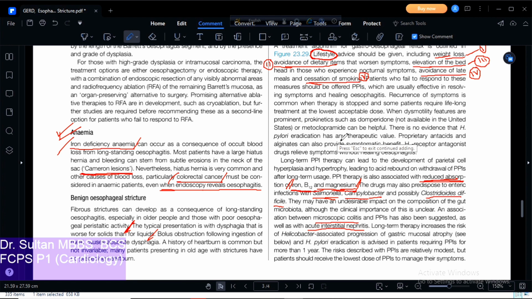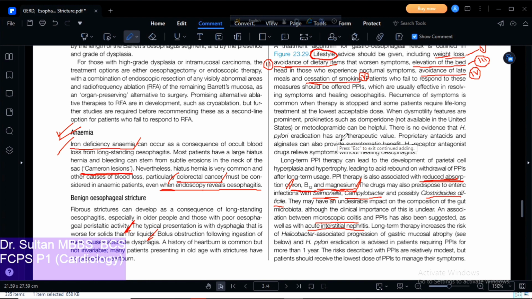It can also predispose to infections like salmonella, campylobacter, and Clostridioides difficile infection. These infections are associated with PPI, or proton pump inhibitor therapy. It can also cause microscopic colitis as well as acute interstitial nephritis.